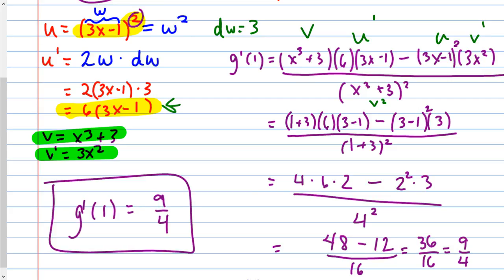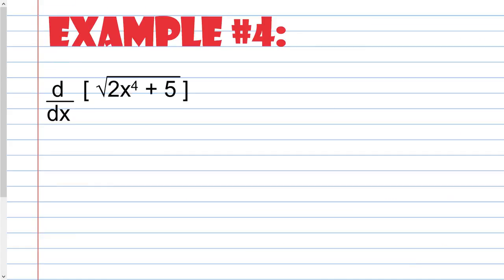Perfect. All right. Next, example 4. Okay, so here we're deriving another composite function to end off our trip around composite functions using the chain rule. So break it down.